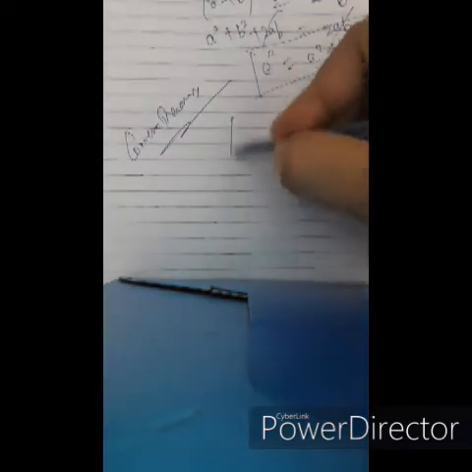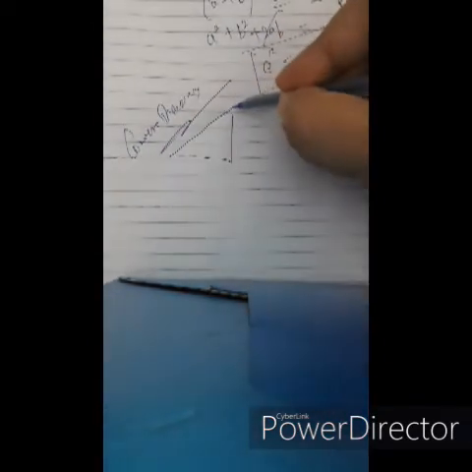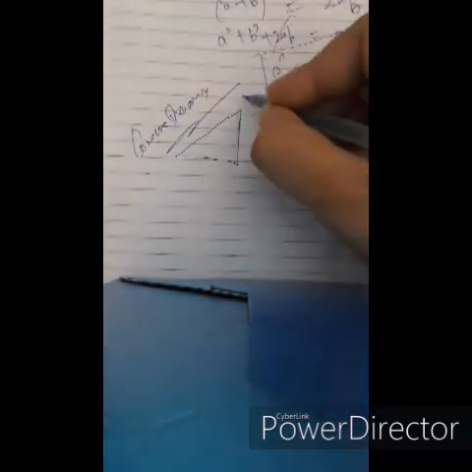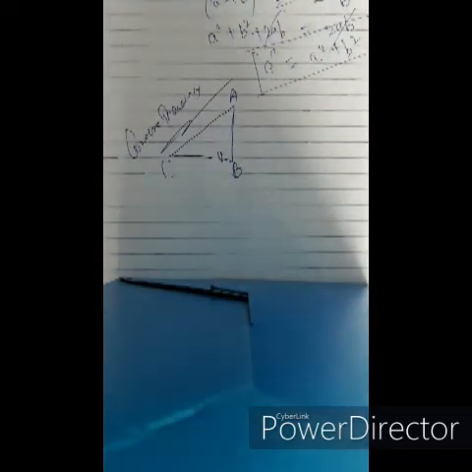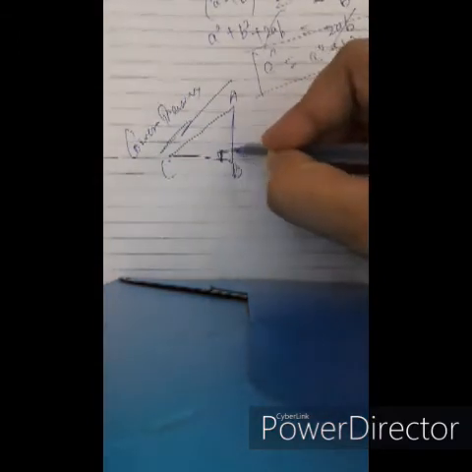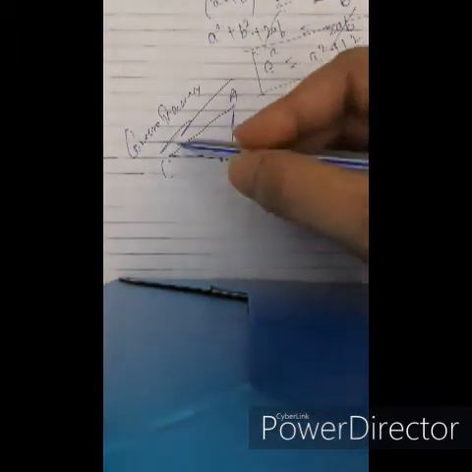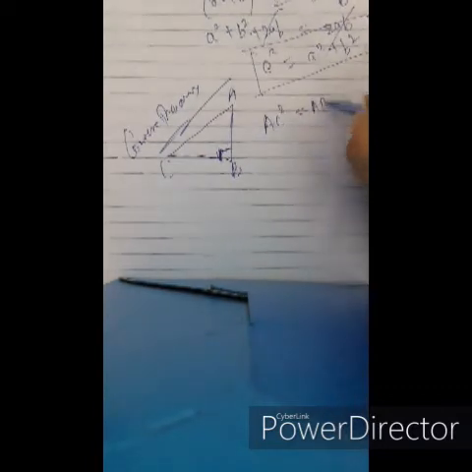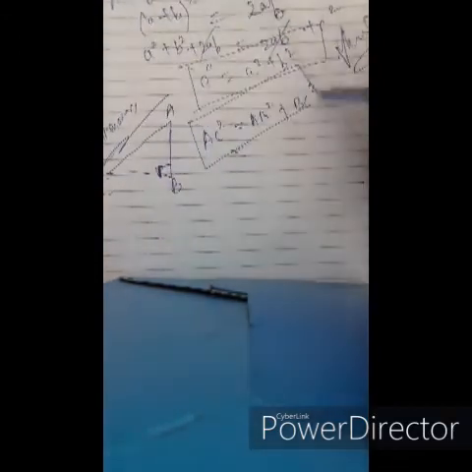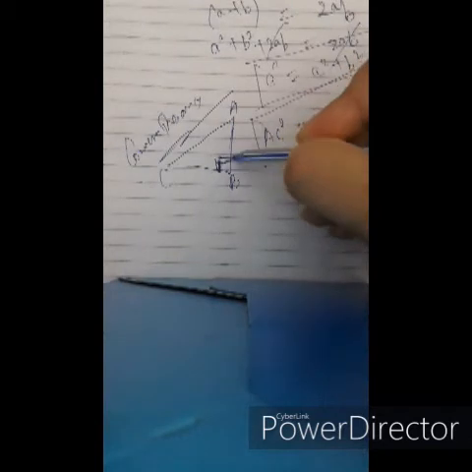That is, if a right angle triangle is there, ABC, right angled at B, such that the square of the hypotenuse AC square equals AB square plus BC square, this thing is given, the Pythagoras relation is given for this triangle, we have to prove that this triangle is right angled at B.